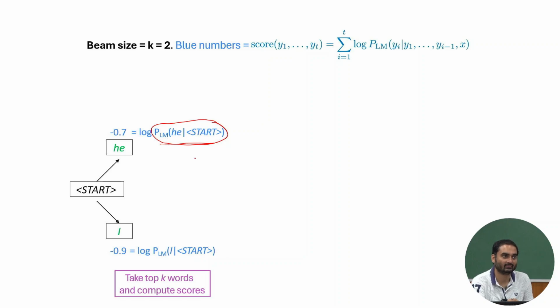Since this is a probability, it ranges between 0 and 1, so the log of it will be negative, right? All these negative numbers will be added, and I will choose the hypothesis whose value is maximum, which is less negative. Here the score till this point is minus 0.7, and minus 0.9.